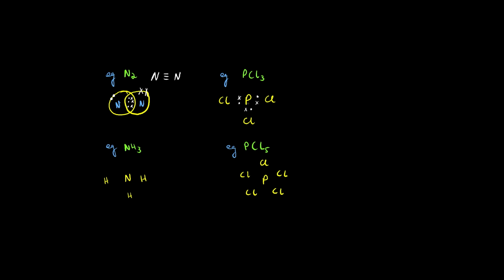Now, phosphorus has given 3 of its 5 valence electrons, so it has 2 more. So let's draw those over here because those are its valence electrons, right? Chlorine has given one of its valence electrons, so chlorine has 6 more left, so we would draw them around it.